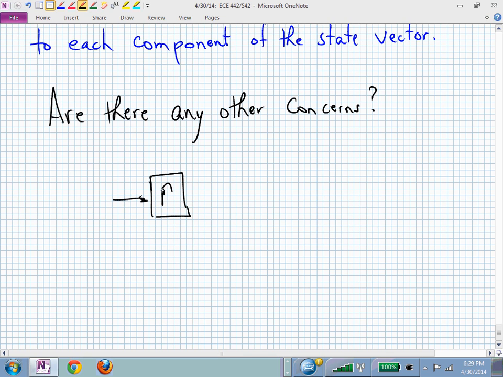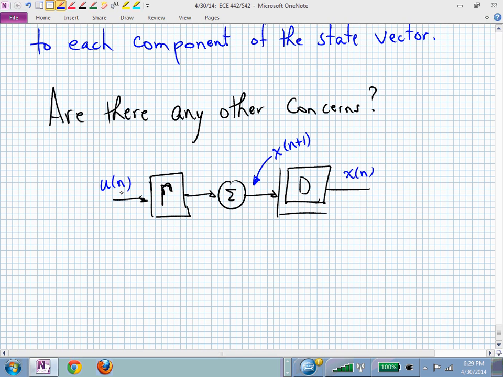There's our gamma. That's going into a summing junction, and then that's going into this three-dimensional block of delay elements, D, to produce the state vector at time n. So the signal coming out of that summing junction is x of n plus 1. Here is u of n.